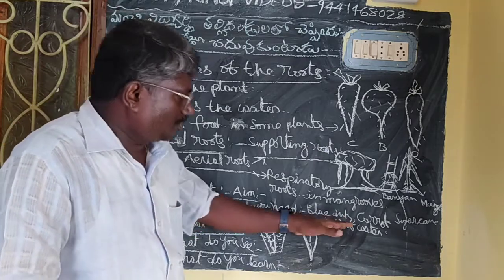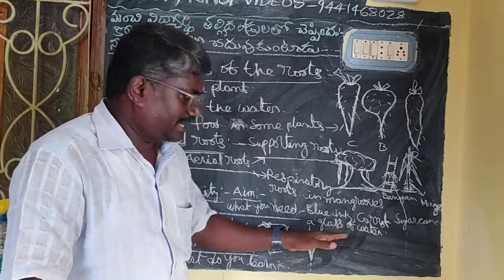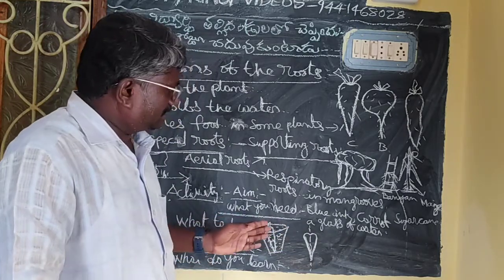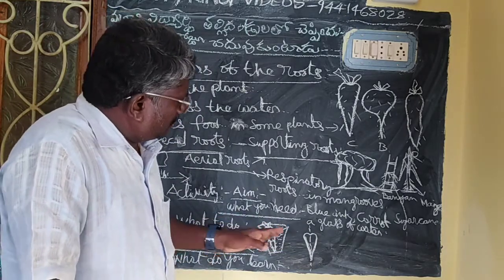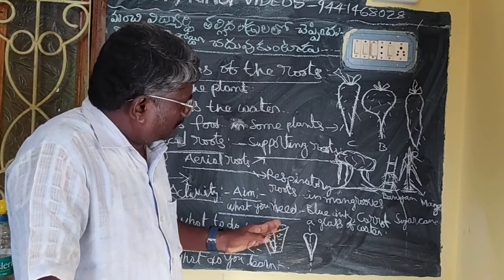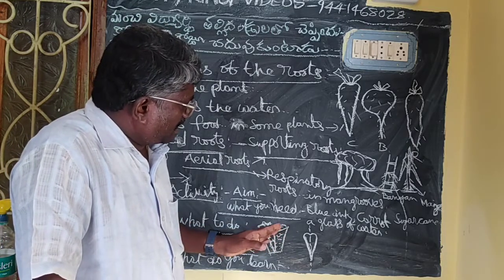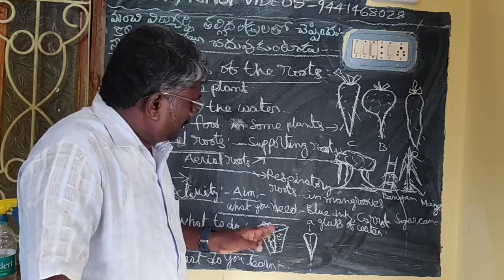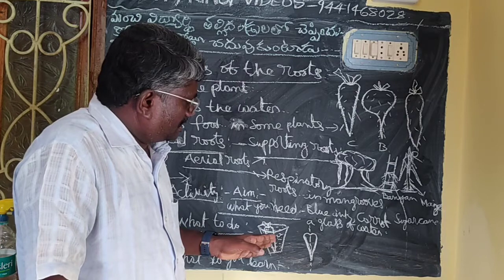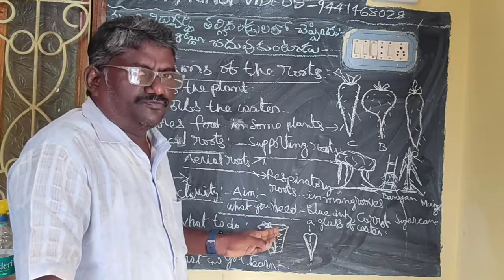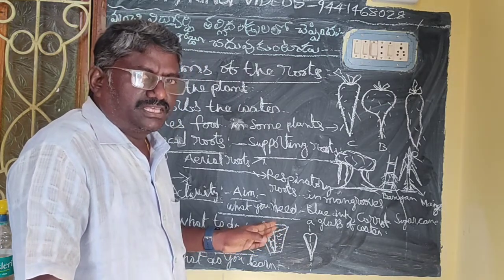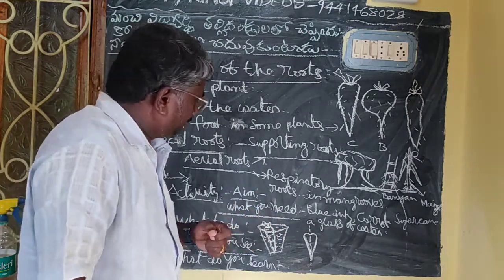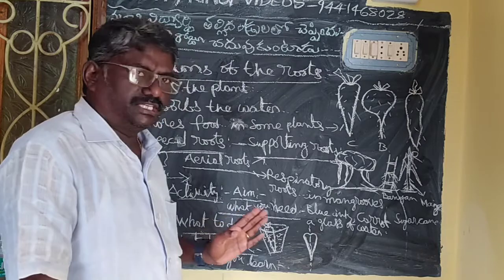What you need: the blue ink, carrot, a glass of water. What to do? Place the carrot in a glass of water with few drops of blue ink. What do you see?